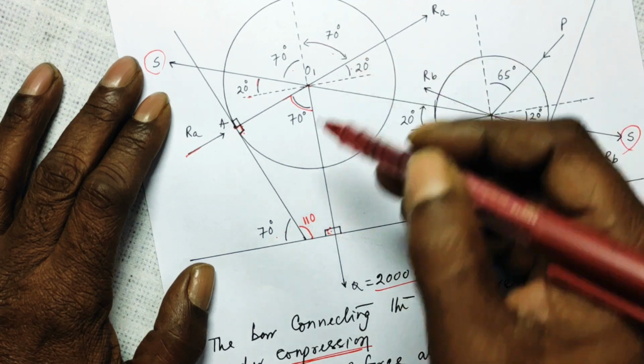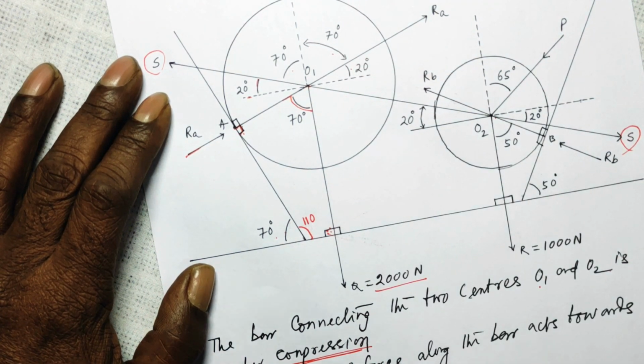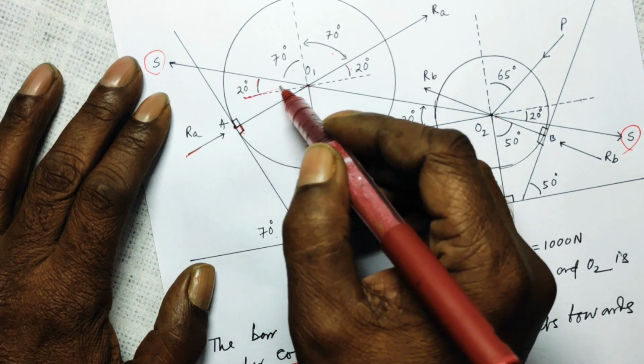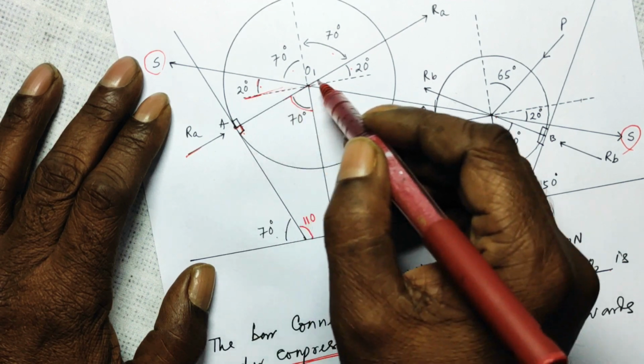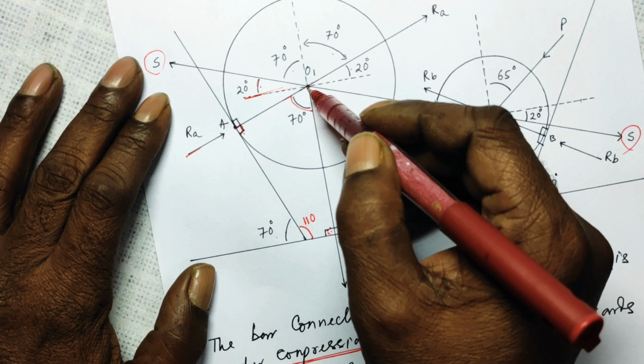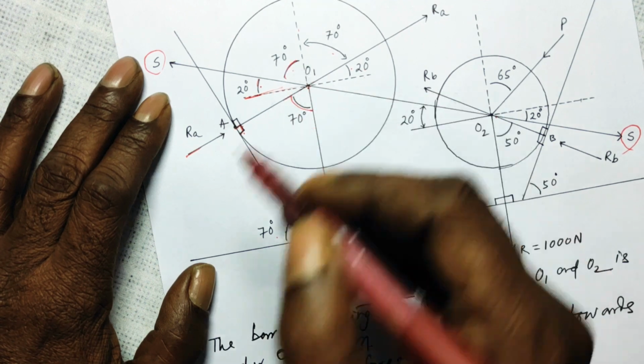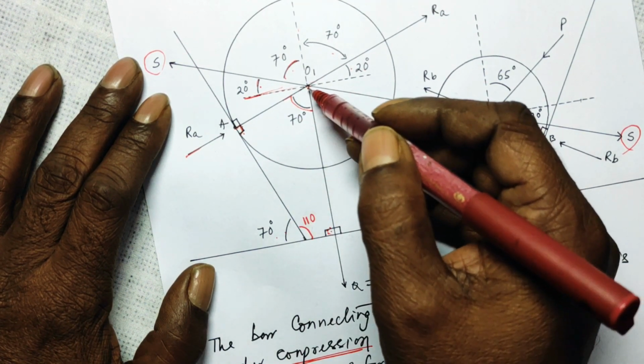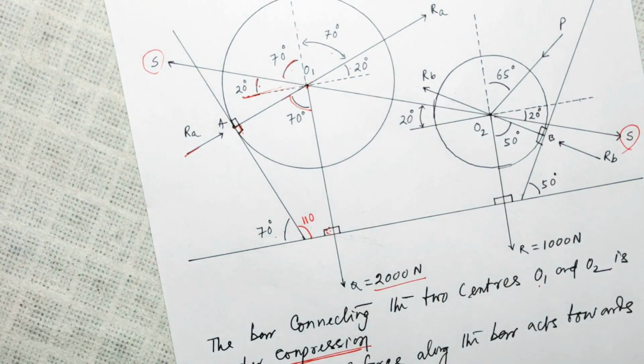Now this is 20, and this dotted line is perpendicular to this, so 90 minus 20, we are left with 70. So now we can apply the free body diagram at O1.